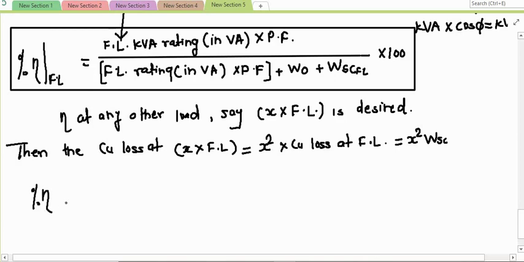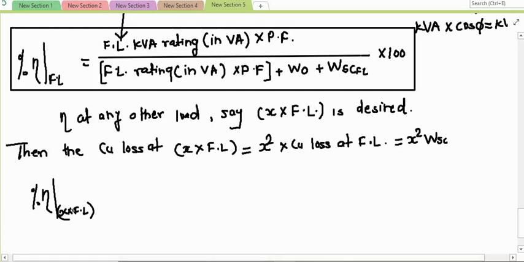So percentage efficiency at x into full load. What is x? X is nothing but the fraction at which you have to find out the efficiency. Suppose I am saying I have to find out efficiency at 50% of load, then this x will be 0.5.